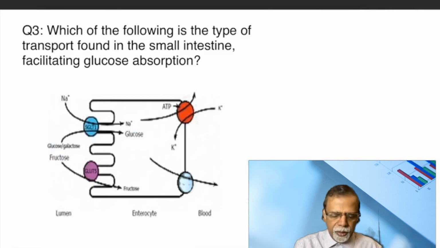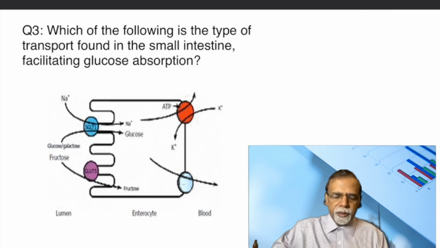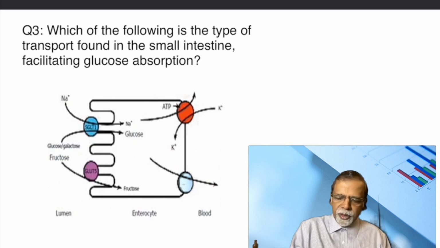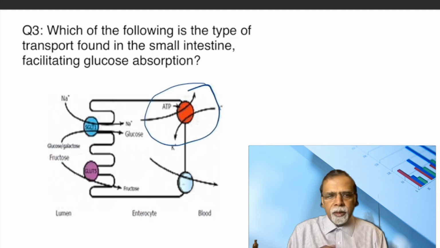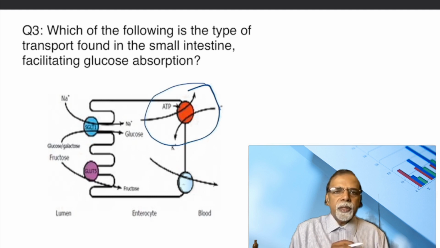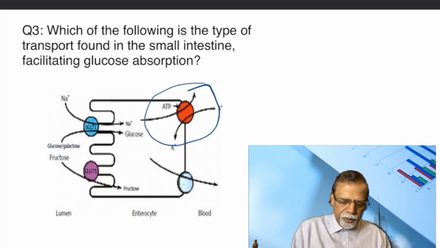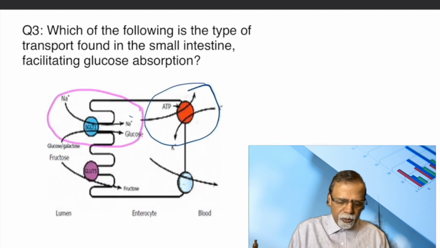So this is a better picture. You can see here that because of the sodium-potassium pump, the concentration of sodium inside the cell is less. This is the SGLT, sodium glucose transporter.